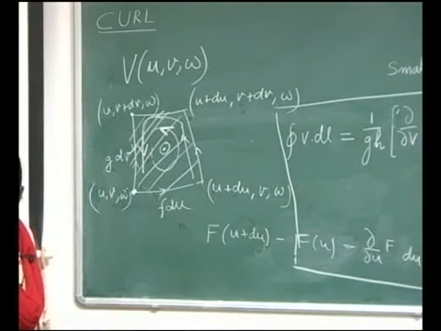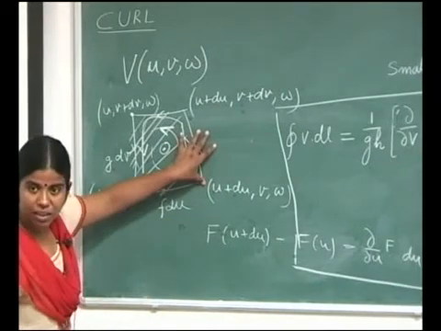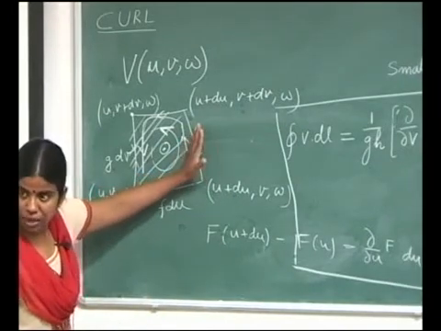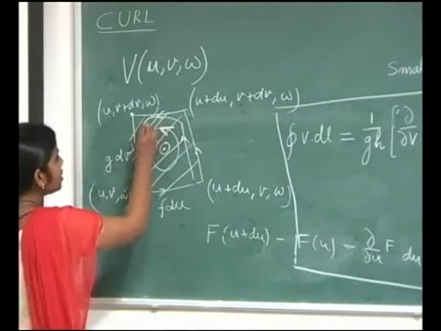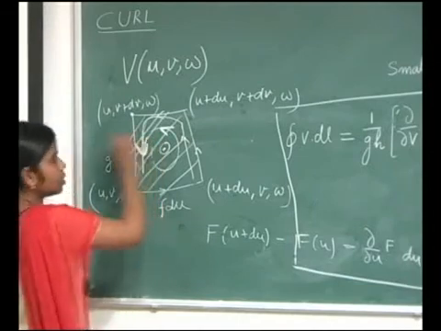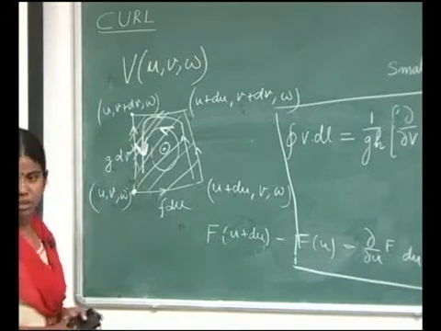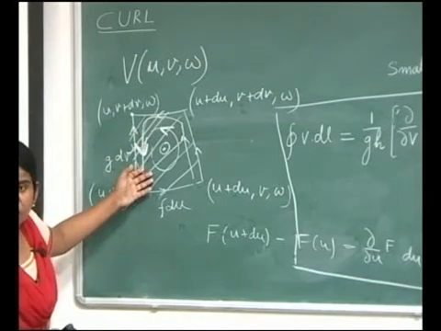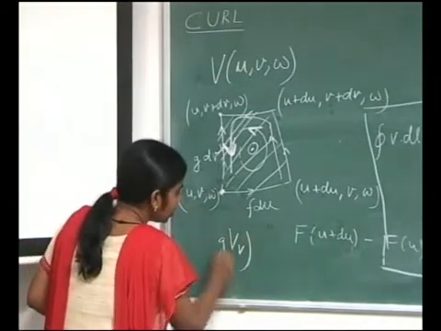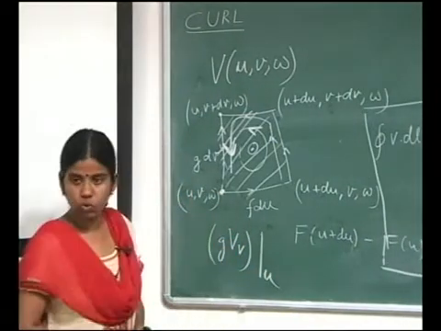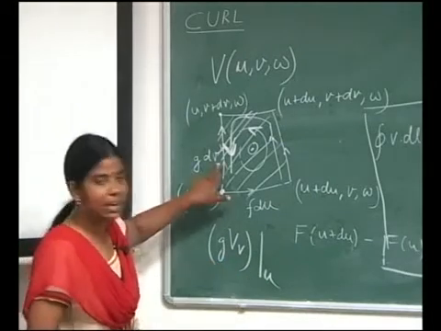Not clear? Look here, it is understood that this is positive, this is positive, is this clear to everyone? Is it clear? Now when I come here at this point, I am moving in this direction, but my length is increasing in this direction. So, I am calculating change at, I am calculating G dV at u, and this is negative.